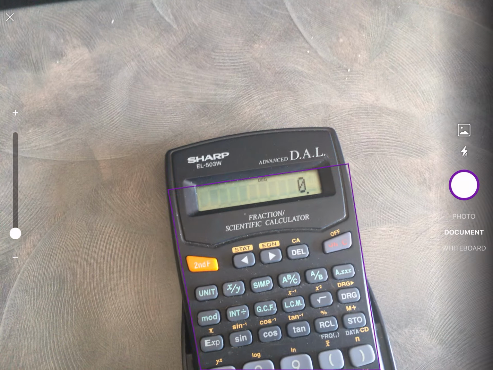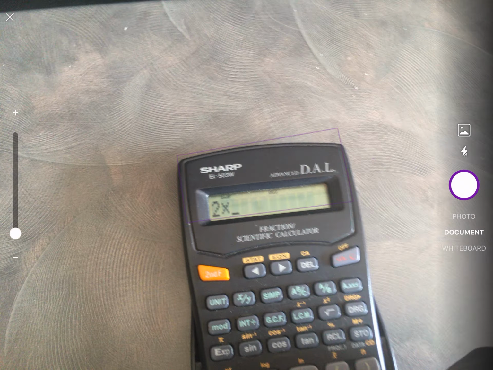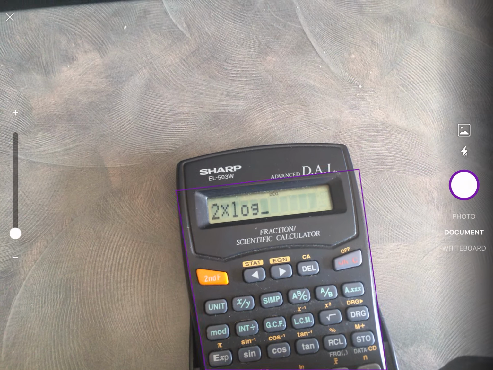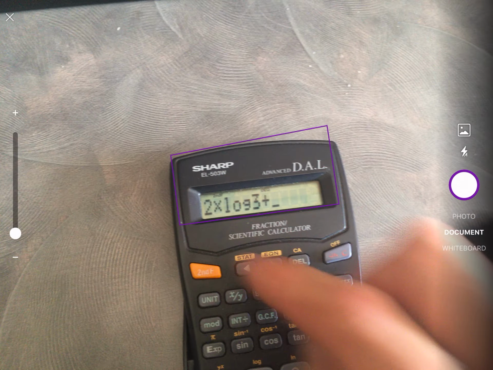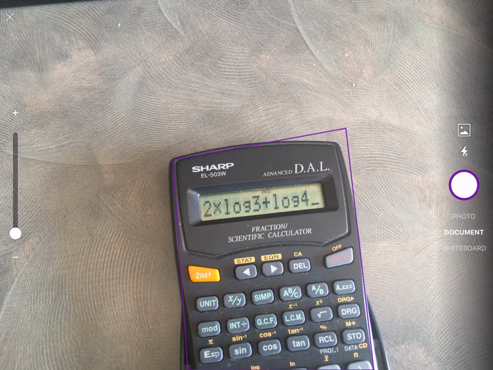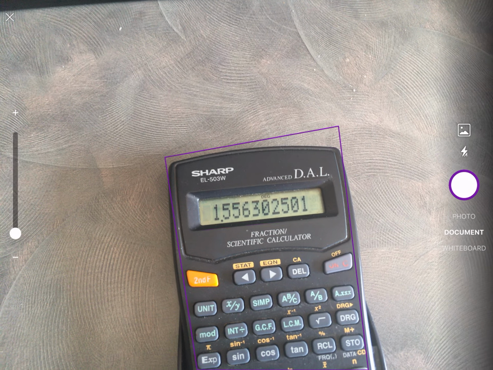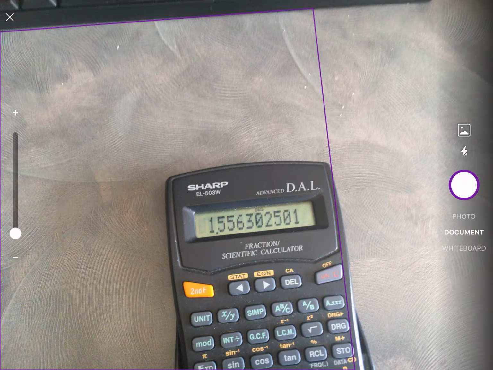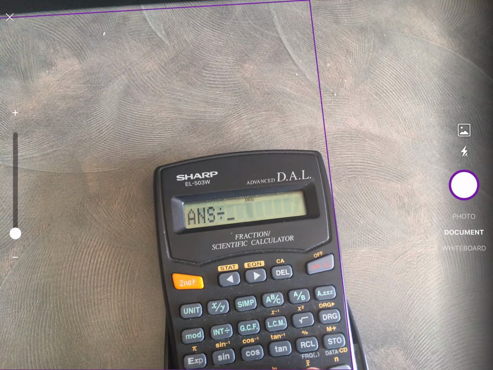So I had 2 times log 3 plus log 4. That's my numerator. I'm just going to hit equals at this point. So that all simplifies down to 1.556. Then I'm going to divide it by my denominator. I'm going to use brackets so I can do it all at once.